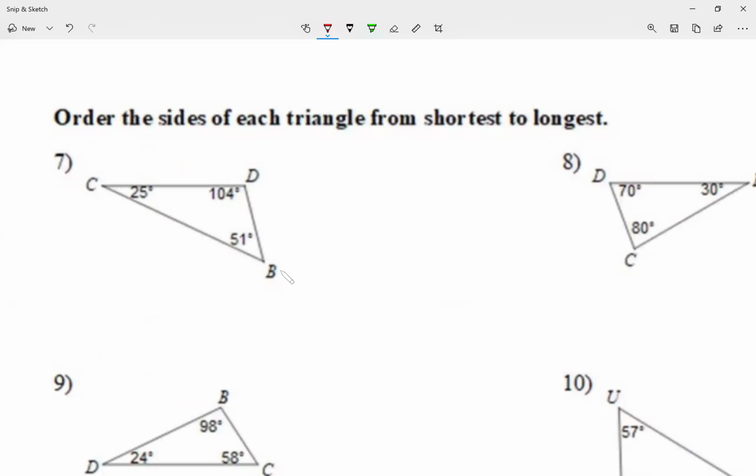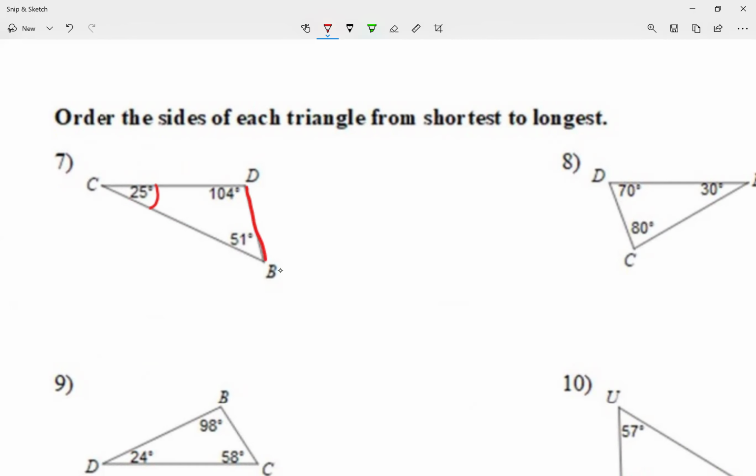I have to go from shortest to longest, right? So starting from the smallest, look at your angles. Which one is the smallest angle? Well, 25 degrees, right? Which is the corner C. Okay, so the smallest angle is opposite from the smallest side, this side. See how I highlighted in red?